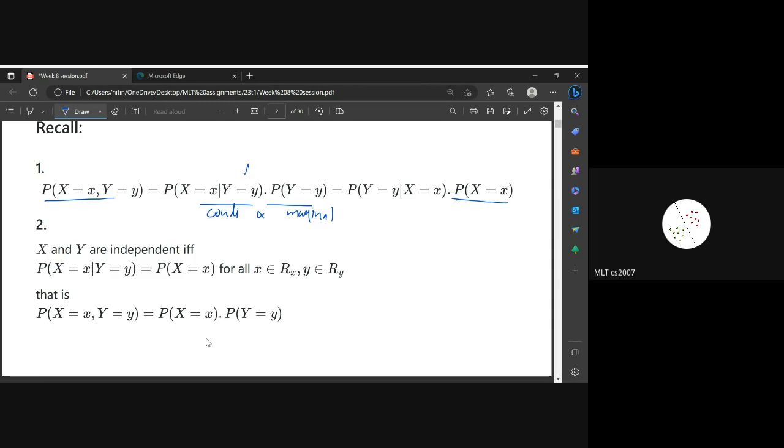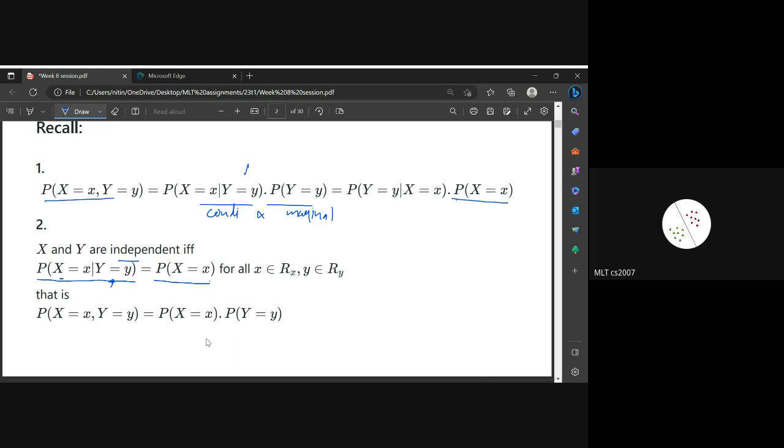The second thing that we need to recall is when we call two random variables independent: when the conditional probability is the same as the marginal probability. It means that whatever value the random variable Y takes doesn't affect the probability of X. That's where we call the random variables X and Y independent.